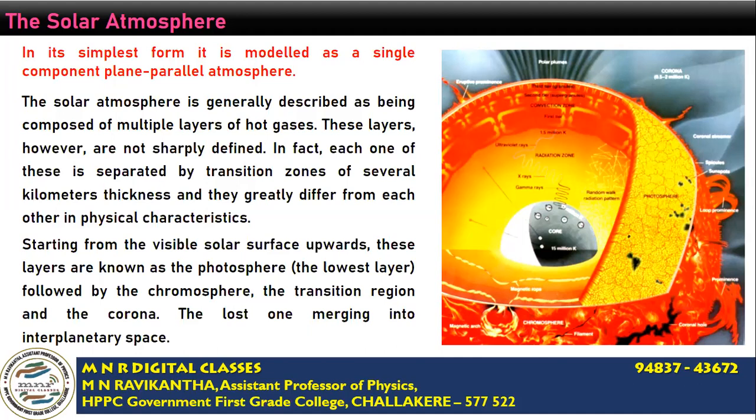These layers are known as, the first one, photosphere. This is the lowest layer of the solar atmosphere. It is followed by the chromosphere, then the transition region, and the last one is the corona. This corona is merging into interplanetary space, that is the heliosphere.